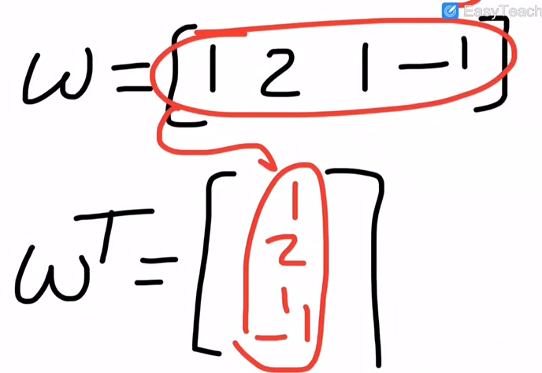Now, there is a cool definition here for the matrices. We have a definition called a square matrix. What is a square matrix? A square matrix is a matrix that has the same number of rows as columns. So the number of columns and rows are the same, like 2 by 2, 3 by 3, 4 by 4, and so on.